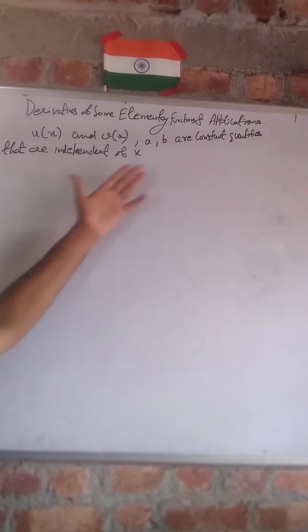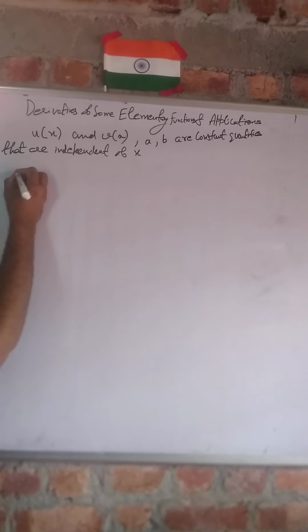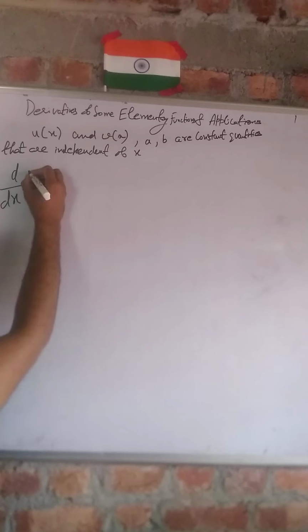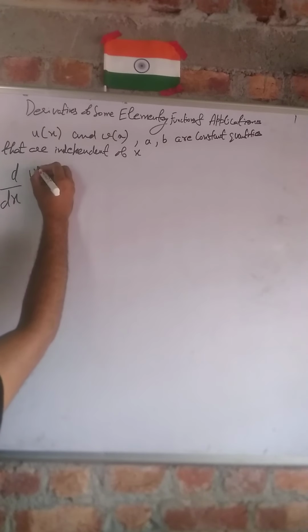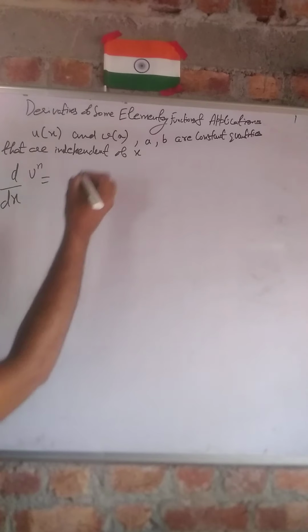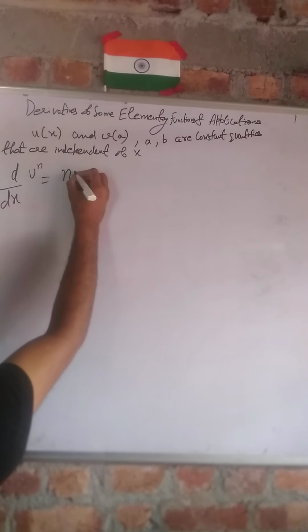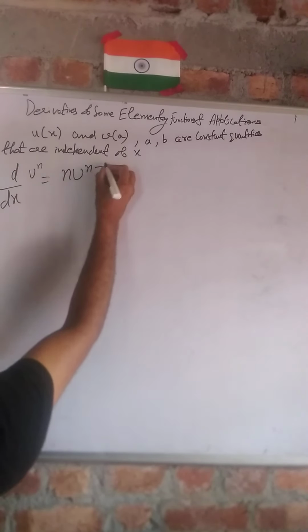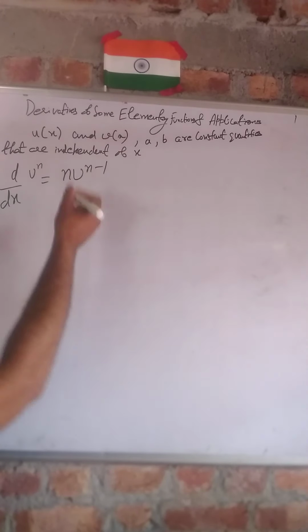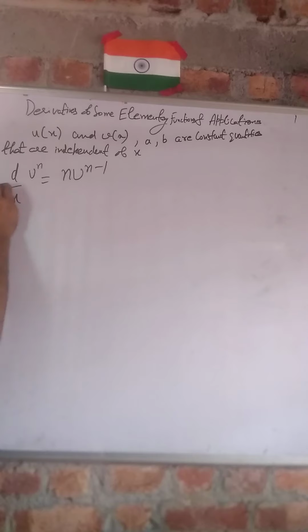Okay, so suppose you have some function like d upon dx of u to the power n. Here, student, u is a function of x. Then its derivative will be n u^(n-1). Let me explain it to you by example.